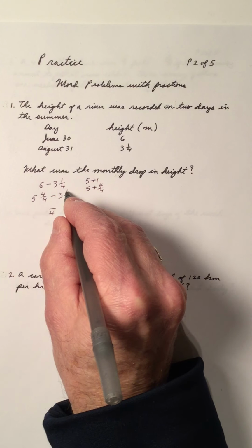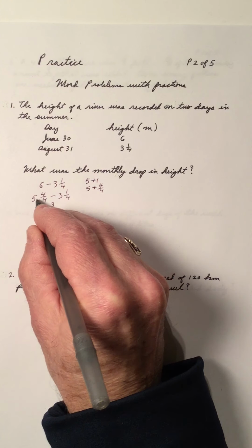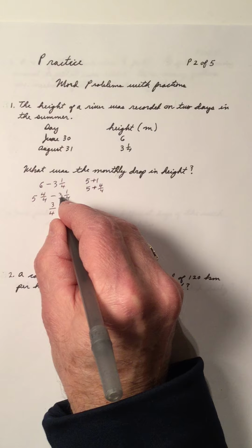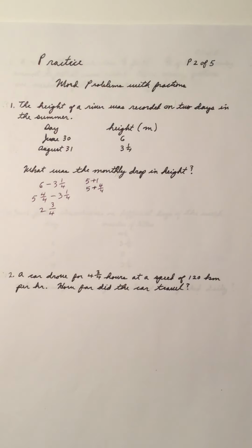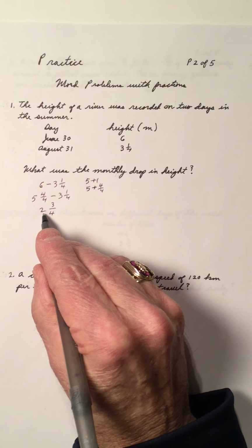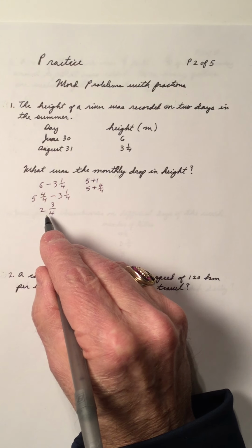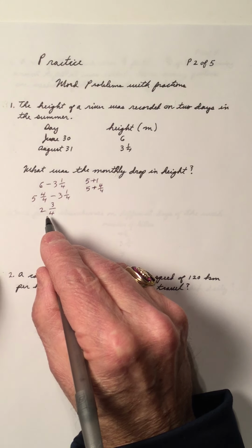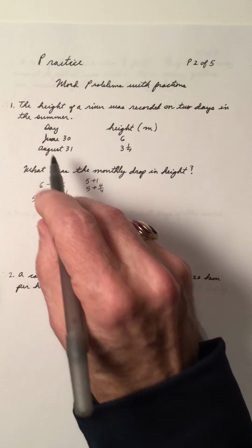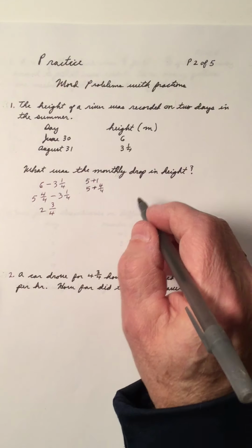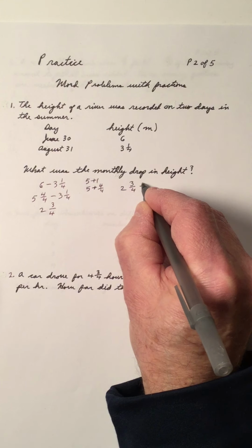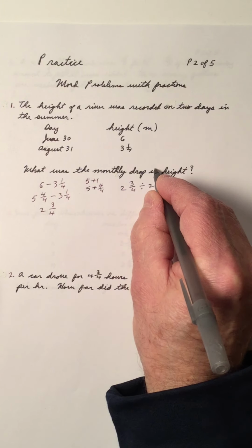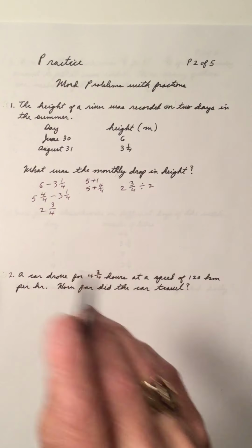4 subtract 1 is 3. 5 subtract 3 is 2. So the drop in the height is 2 3/4 meters. Now, it was 2 months reading, so we have to take the 2 3/4 and divide it by 2, because we want the monthly drop.